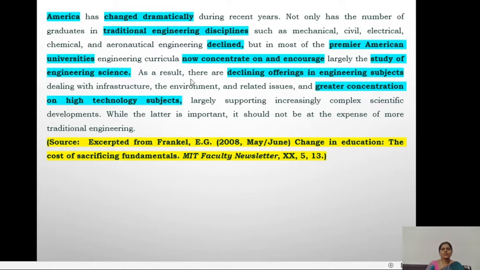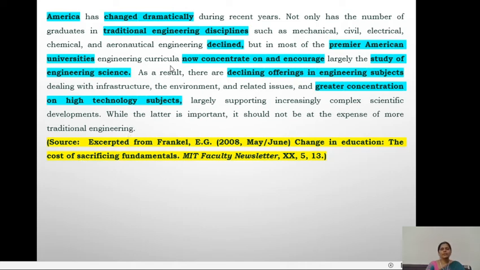As a result, there are declining offerings in engineering subjects dealing with infrastructure, the environment, and related issues, and greater concentration on high technology subjects, largely supporting increasingly complex scientific developments. While the latter is important, it should not be at the expense of more traditional engineering.